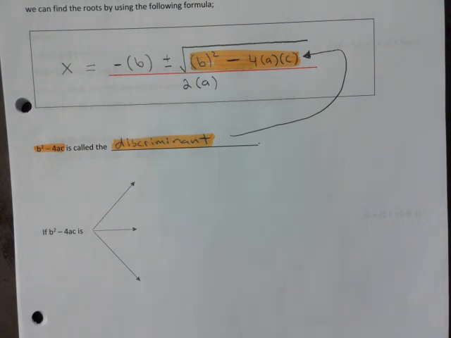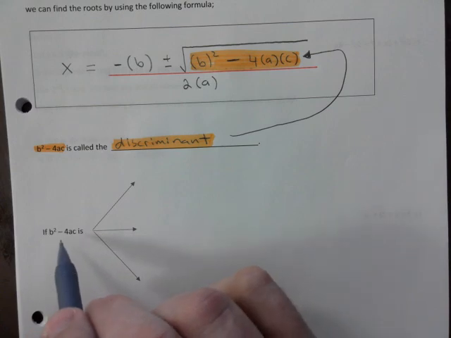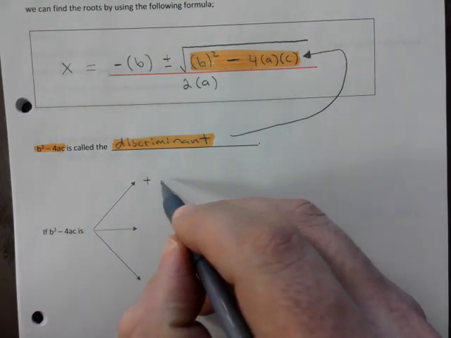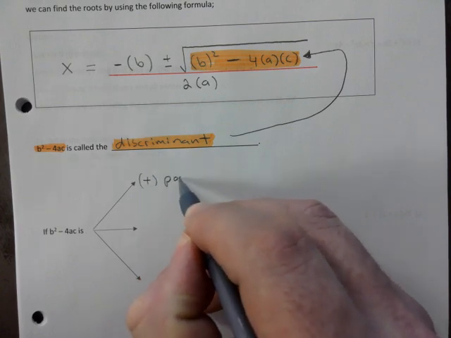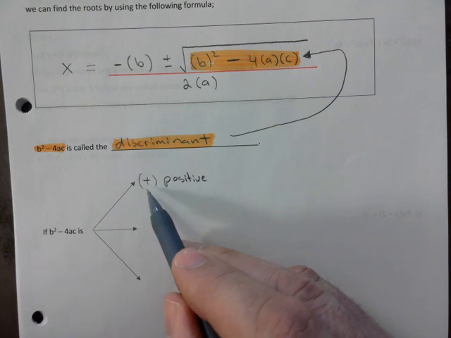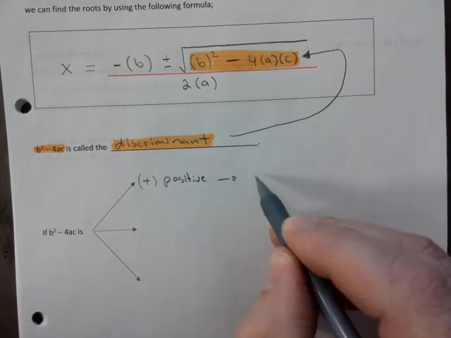And whatever you get inside the root will be one of the following three scenarios. If b squared minus 4ac is positive, right? So on your study sheet, you probably only have the plus there, right? If it's positive, then we have two roots.